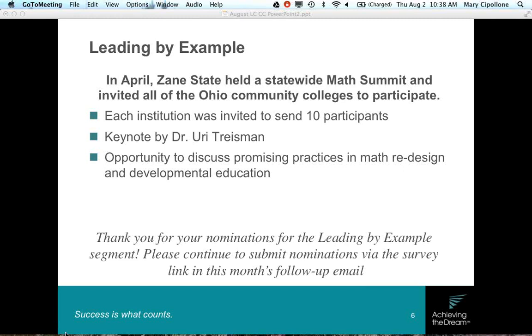And Uri was talking about some of the Mathway reforms that he's been working on, as well as the Carnegie Foundation's been working on. Apparently this event was an opportunity for everybody in Ohio to share what they've been doing in reforming math, and it was really a very positive event for all who came. So thank you to the institution that now we've learned with other colleges in the state of Ohio.